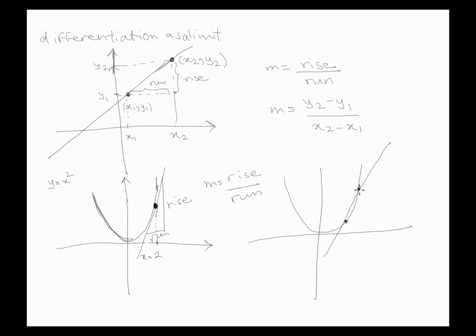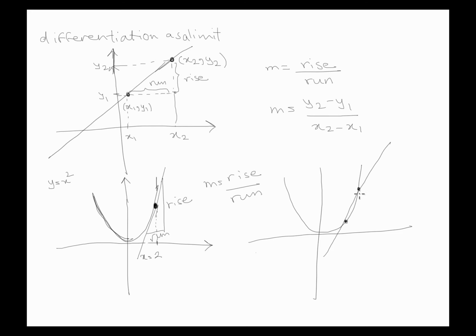Now I can just find the gradient of this line. Obviously, the gradient is going to be different, but it might just be close, right? The advantage of doing this is that you know the exact points and therefore it's easy to find this formula.